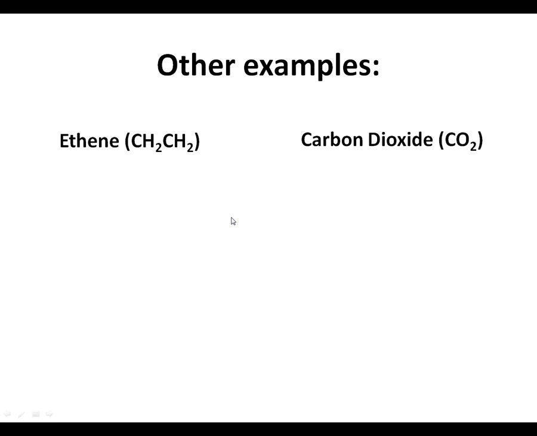Maybe we'll do that one ourselves just to go through it. So I know carbon here in the middle. Carbon normally has 4 valence electrons. Oxygen has 6 valence electrons.